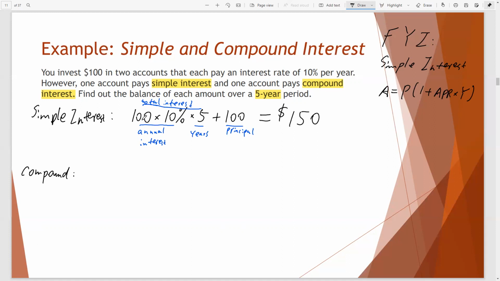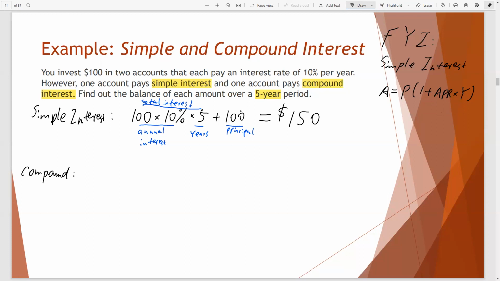Intuitively, that's the principal times rate times years plus the principal, and when you factor out, that's principal times 1 plus APR times Y. Somehow, to me, this is not that useful. Intuitively you can find it, and that's good enough. If you want to use the formula, that's also okay.